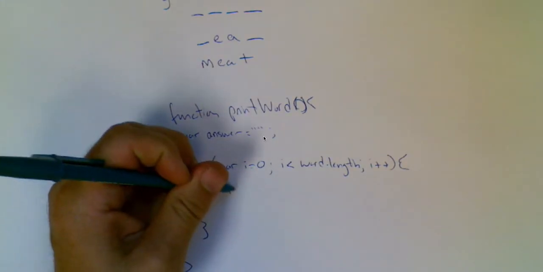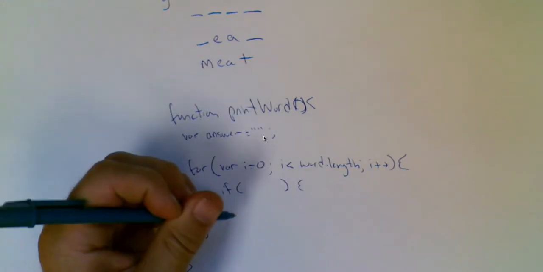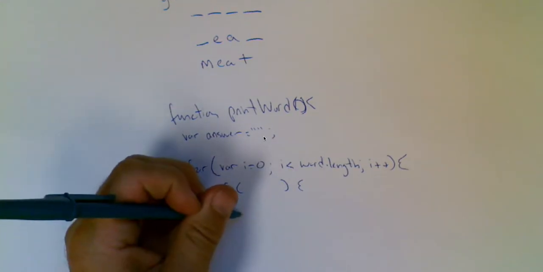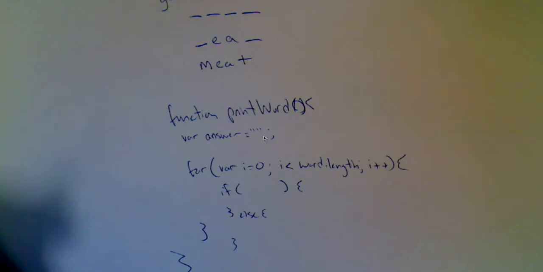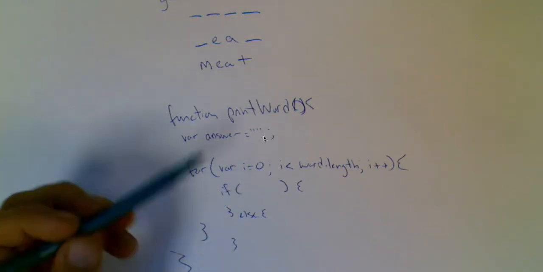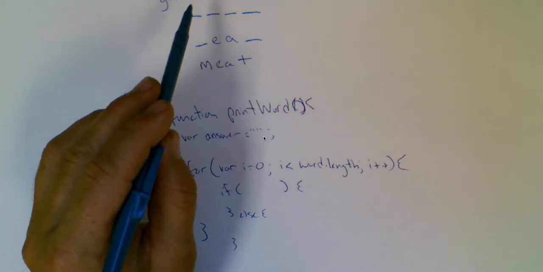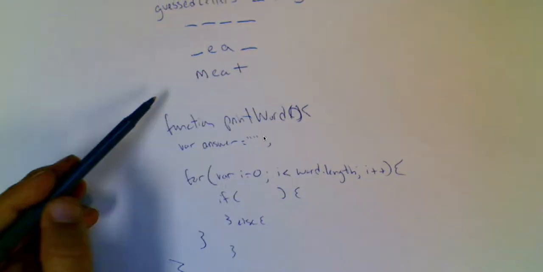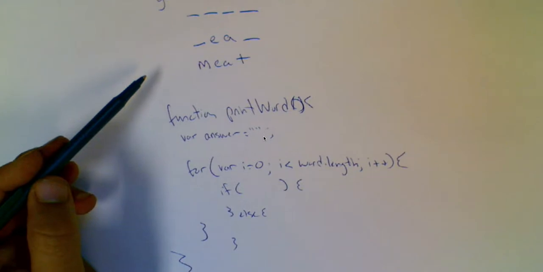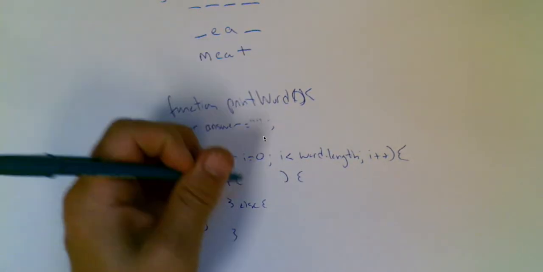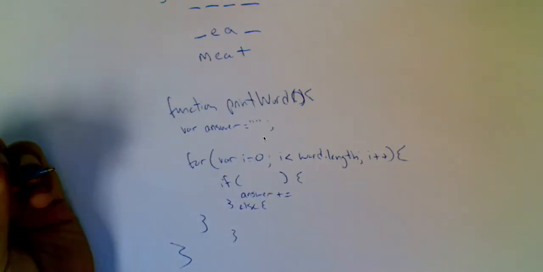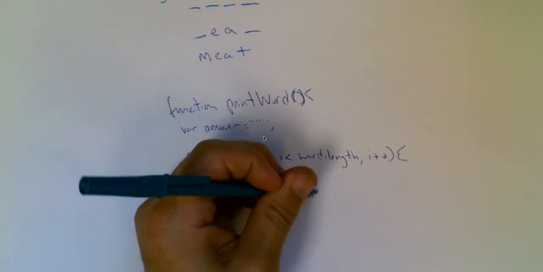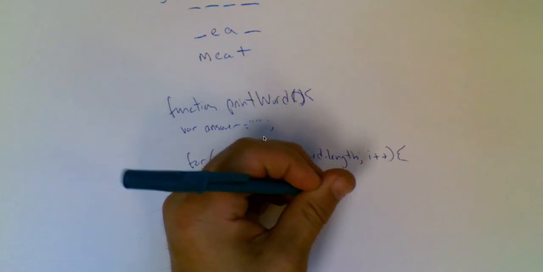So let's make an if statement. Else, it's not. So if the letter is in guessed letters, in other words, the user has already guessed that letter, let's say answer plus equals word of i, right?